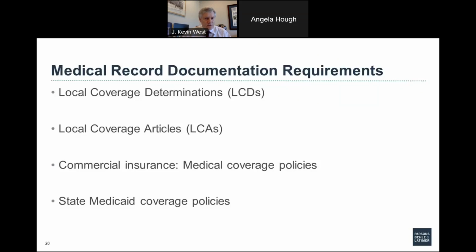And there's a big difference between those two things. You may be the best heart surgeon or the best pulmonologist on earth, but if your medical record is not sufficient, you are not going to get paid, no matter how great the service was that you provided. So that's an important factor to recognize.